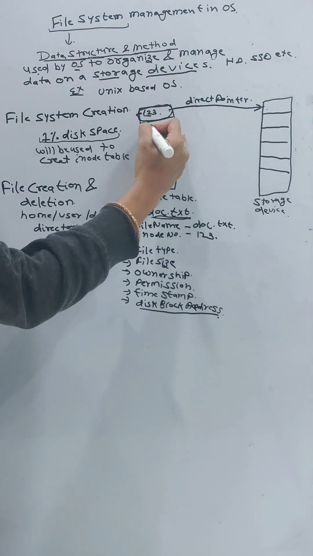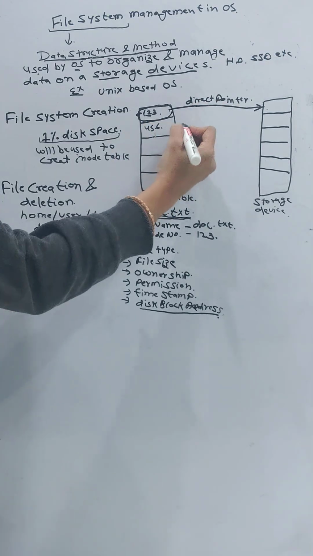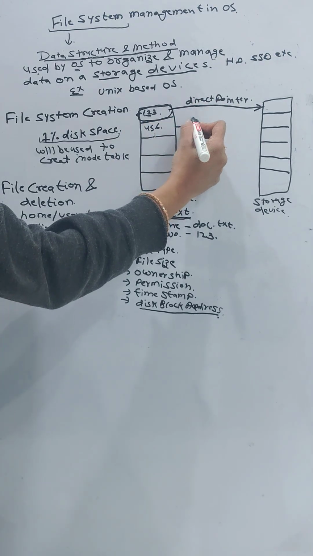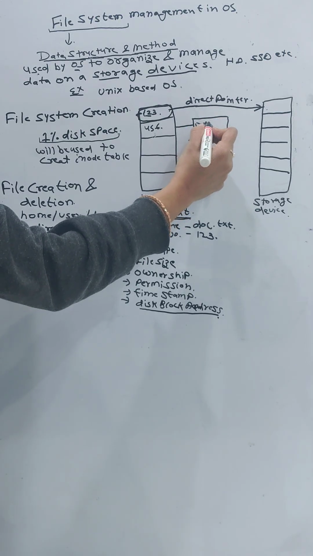Suppose our file size is small, so we'll have only one direct pointer. Suppose our file size is large. Suppose 456 is another file which is larger. So we'll have an indirect block in the middle.